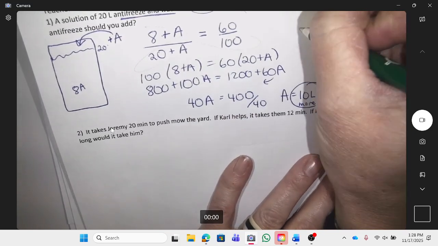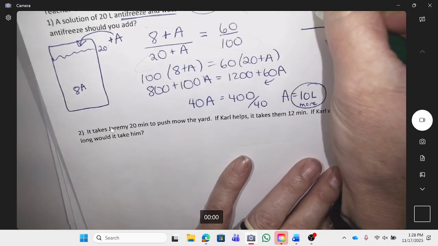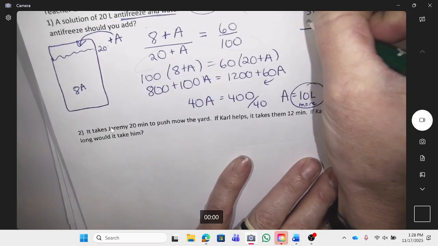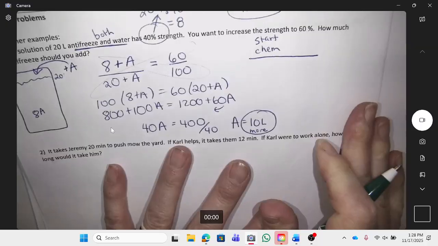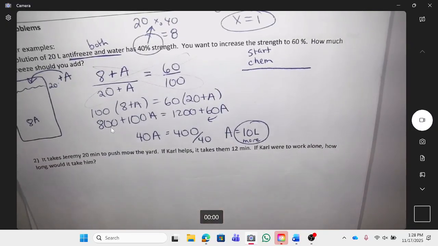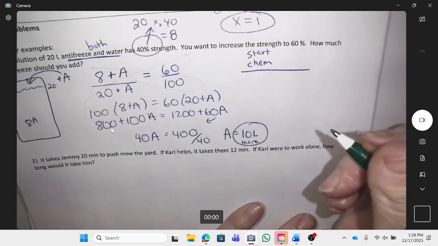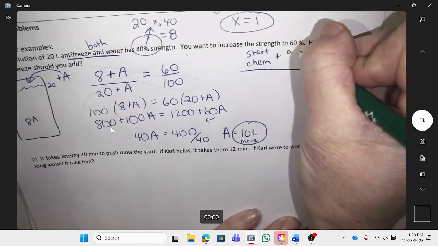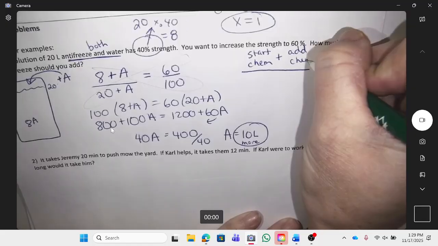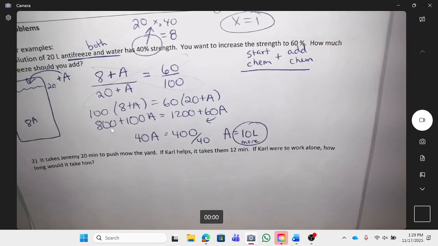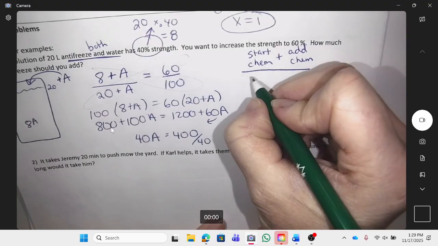Okay, so here's always the strategy. Your starting chemical, whatever it is, antifreeze, could be different things, plus added chemical. And then what did we do here?